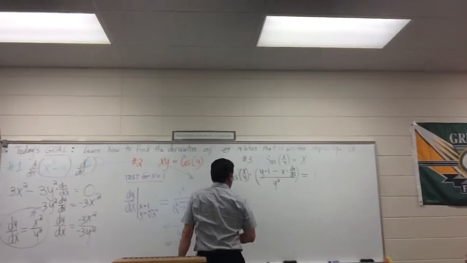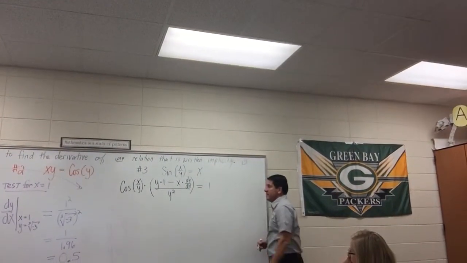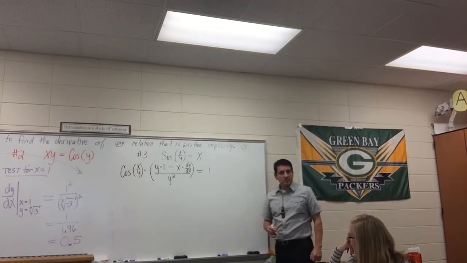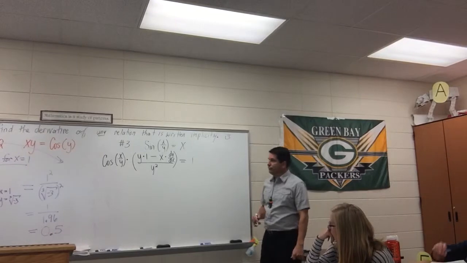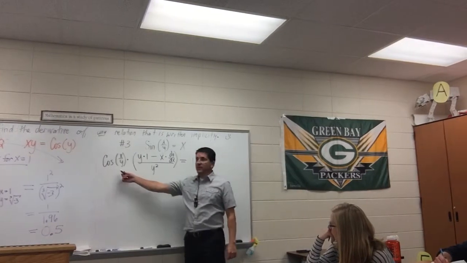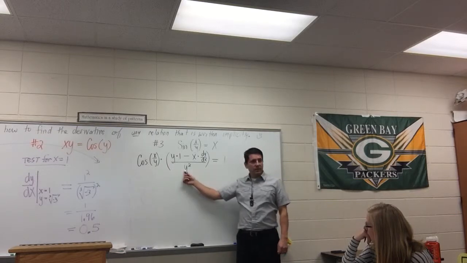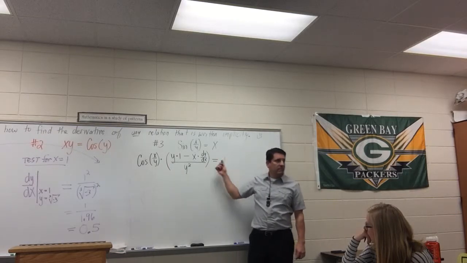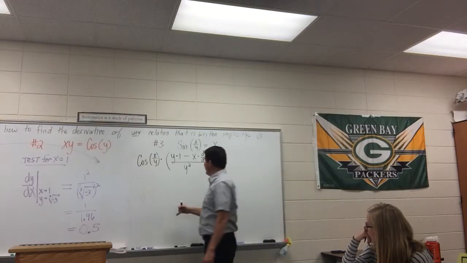So how on earth are we going to get at that dy/dx that's in there? We can get rid of this one by dividing both sides by it. We can also get rid of the y squared by multiplying both sides by y squared. So let's do that first and then see where that takes us.